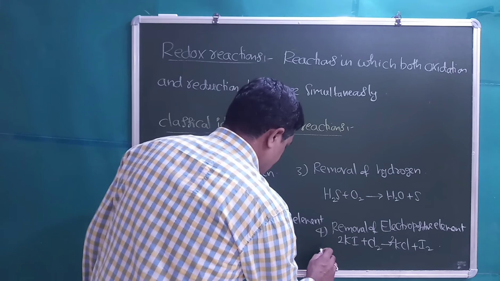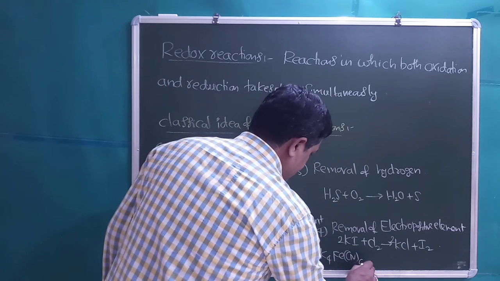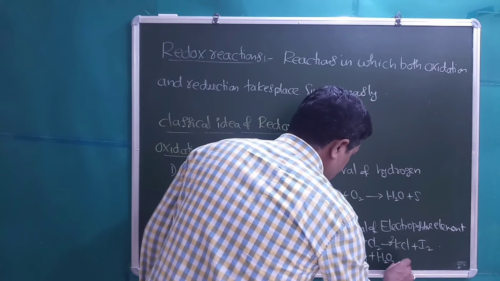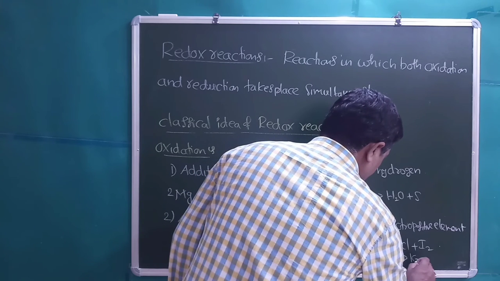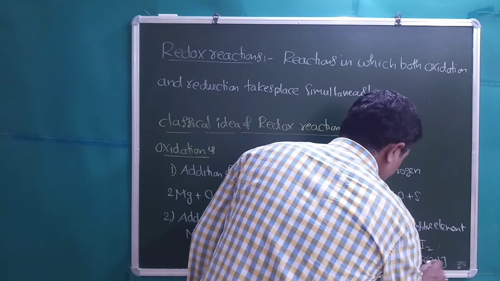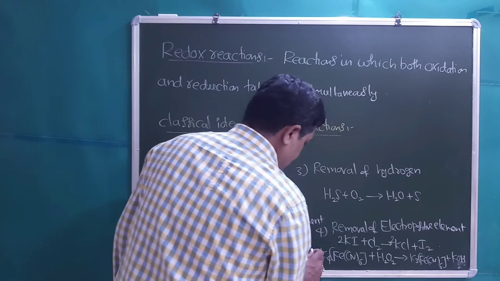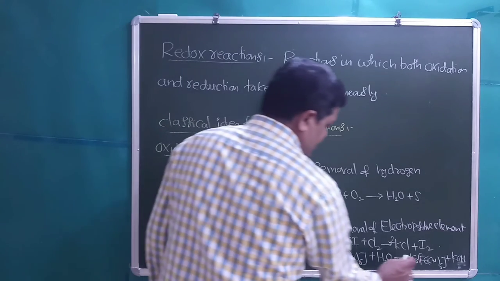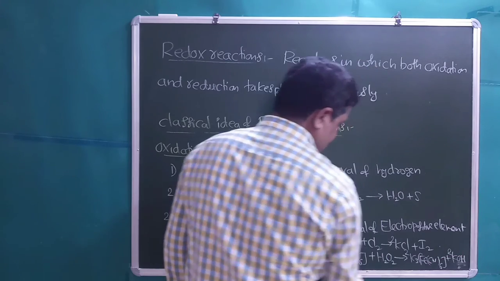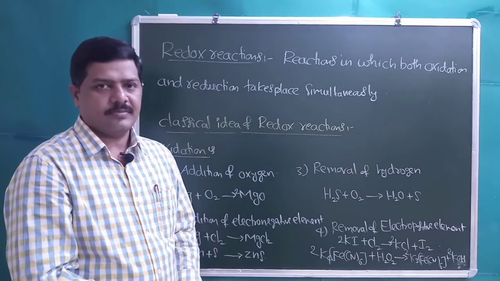One more example, K4[Fe(CN)6] plus H2O2 gives rise to K3[Fe(CN)6] plus KOH. 2K4[Fe(CN)6], 2K3[Fe(CN)6], 2KOH.